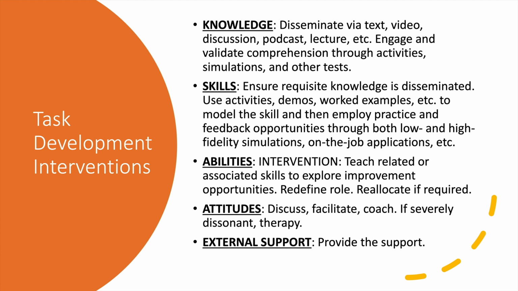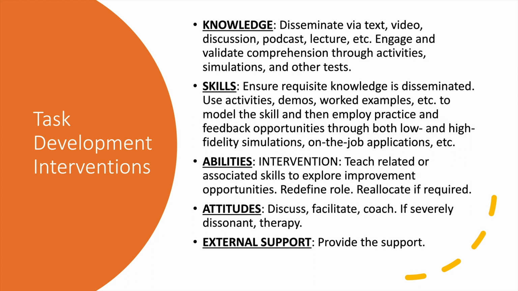From an ability standpoint, frankly, we can teach affiliated skills that influence an ability, but bottom line is, if there's an ability gap, you either have to redefine the role, reallocate the person to some other role, or find mitigations to alleviate any of the gaps associated with that ability gap.